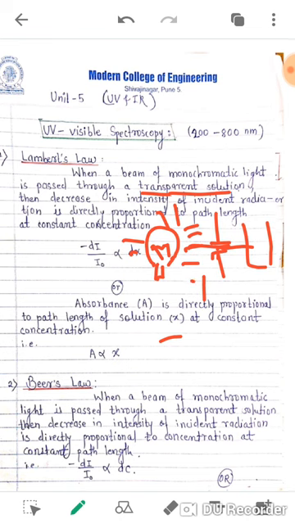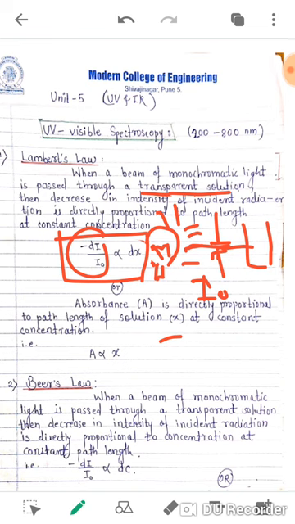Consider this incident radiation is I0, and the decrease in intensity of that incident radiation, we write dI by I0, is directly proportional to dx. So remember this, here we have the decrease in intensity of incident radiation directly proportional to path length.